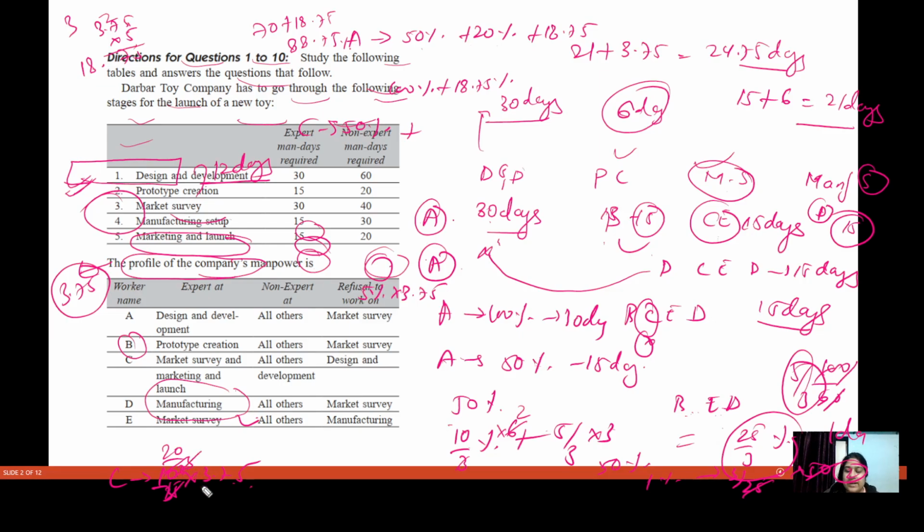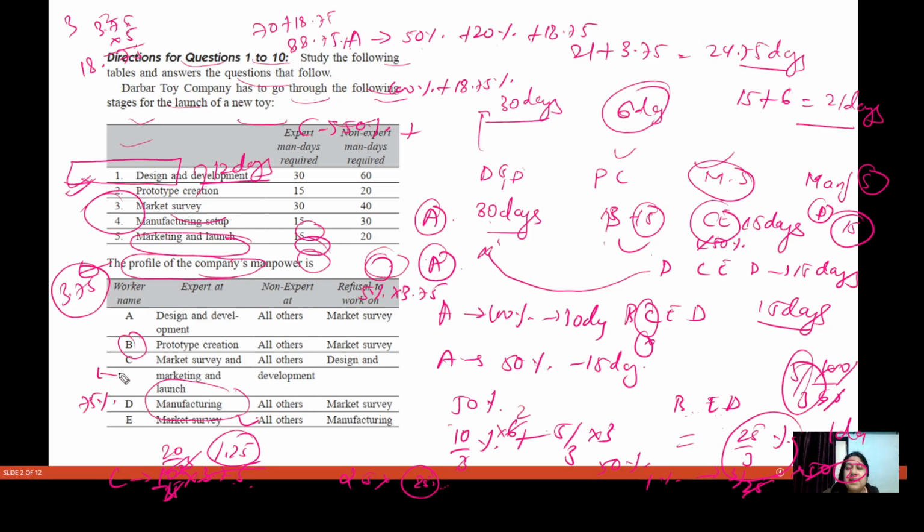And 20 by 3 into 3.75 is actually 20 into 1.25, and 1.25 into 2 you will get 2.5, and 2.5 into 20 you will get 25. So C is doing this 25% of the work and then this 50% of the work. So C is actually doing only 75% of the work.